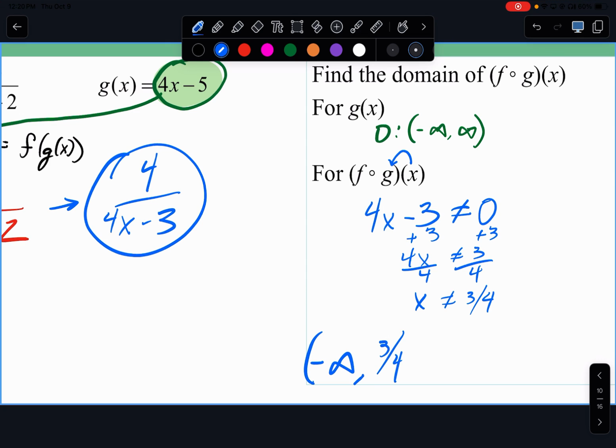Is 3/4 a possible solution? Nope, so we use a parenthesis. Then I'm going to put my union between it. Then it takes off again from 3/4 and continues to infinity. So that's what our domain would be for this composed function.